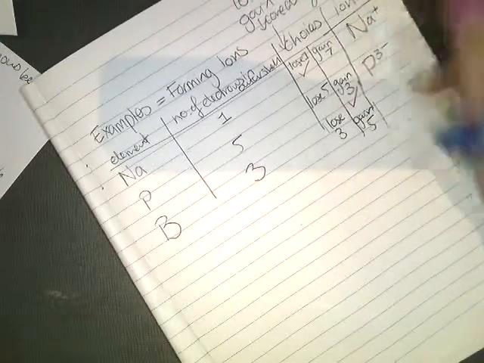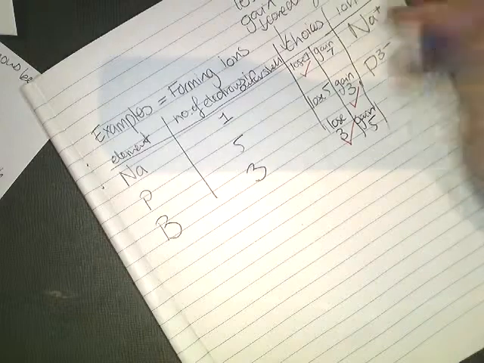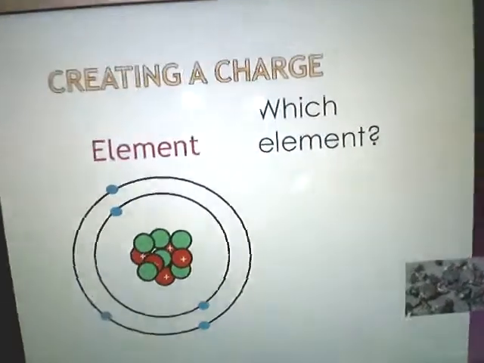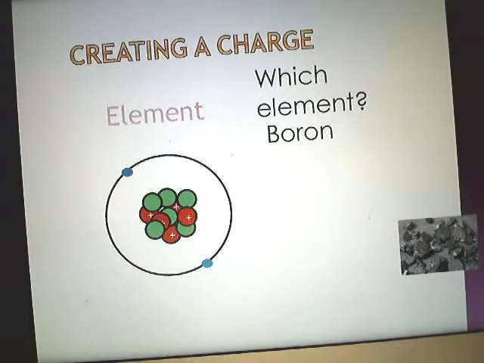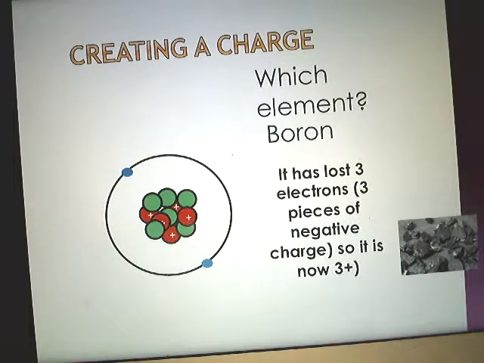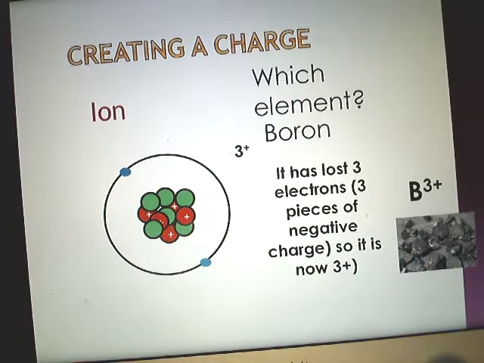It has a low core charge, so it's likely to lose the 3, becoming B3 plus. Let's look at it happen. Boron, bang, bang, bang, 1 shell less, and B3 plus. And now it's an ion.